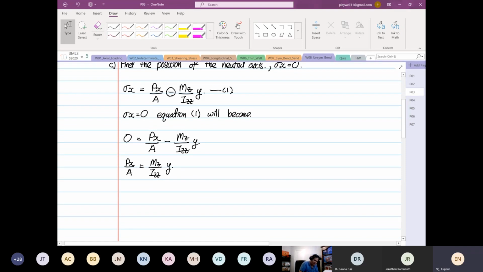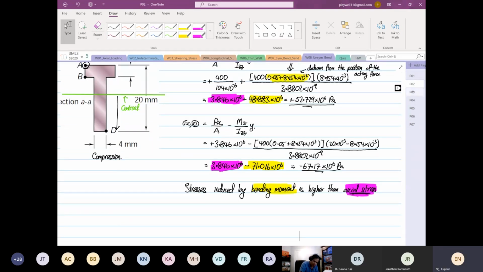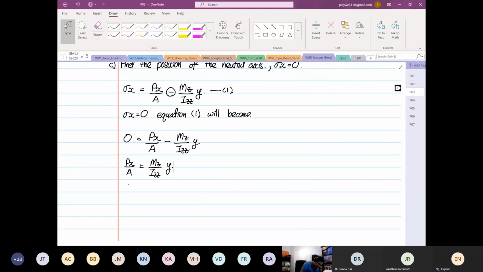So you know that your Px over A is equal to 3.846 times 10 to the power of 6, and this will be equal to your Mz. So your Mz over here is equal to, I did not calculate the final value, how I wish I did.